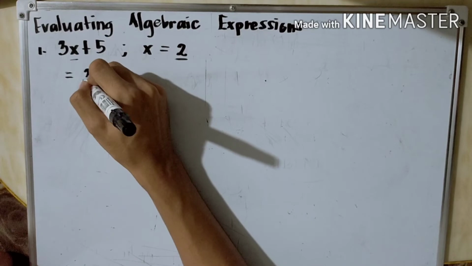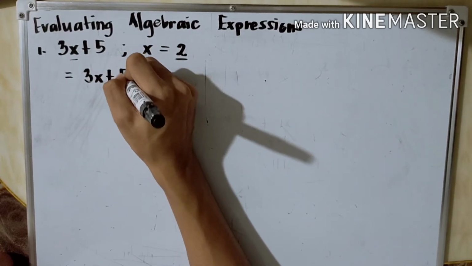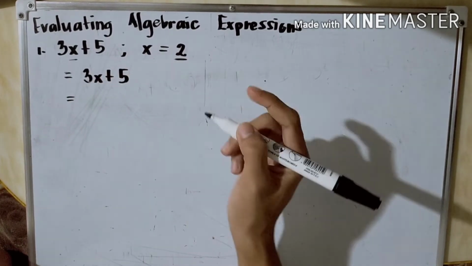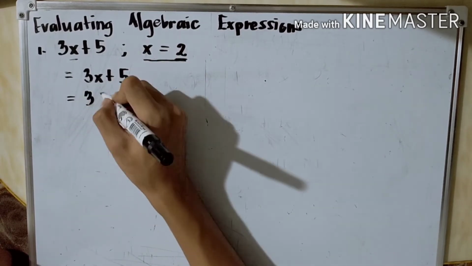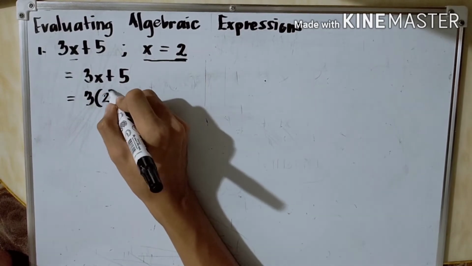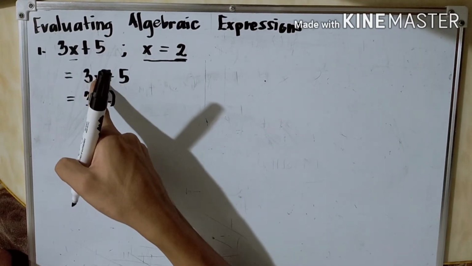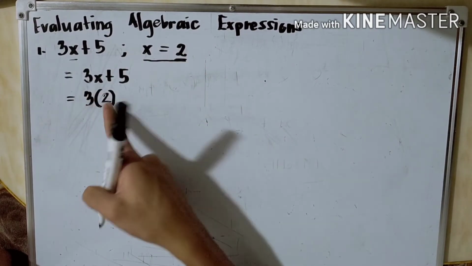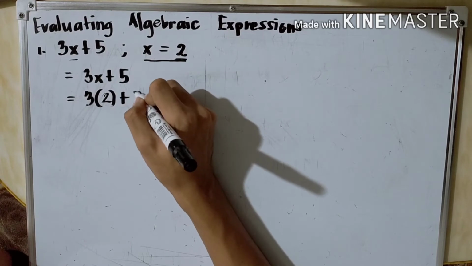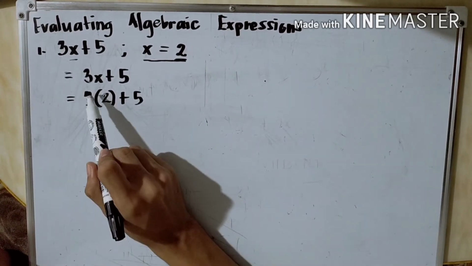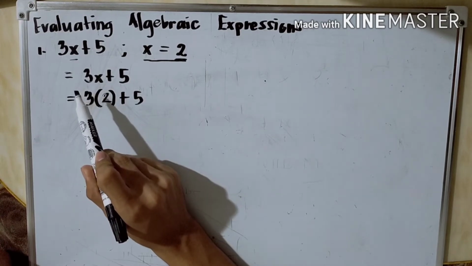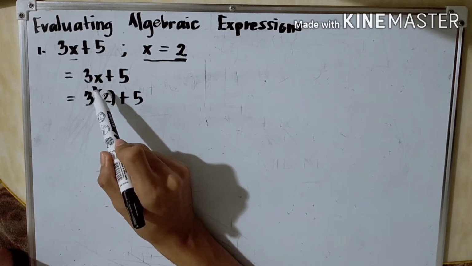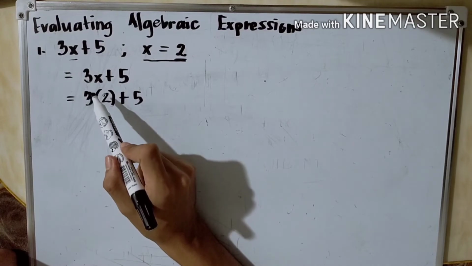So, just copy first the given expression. Next, ang value daw ng x is 2. So, substitute 2 to x. Kung mapapansin nyo yung x na wala na, kasi pinalitan ko siya ng 2. And then just copy plus 5. We all know that kapag magkadikit ang number at saka yung variable, yung numerical coefficient and literal coefficient, the operation na gagamitin ay multiplication.